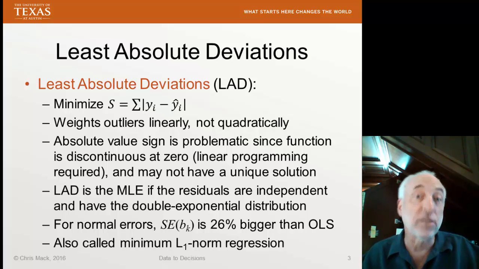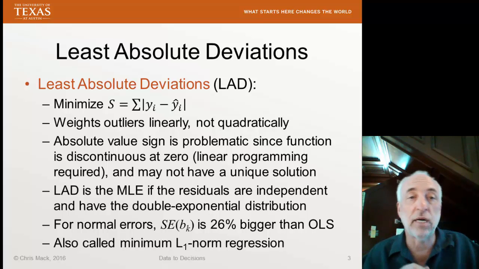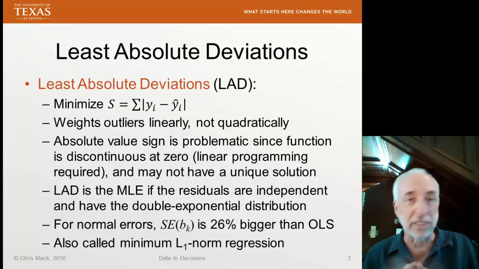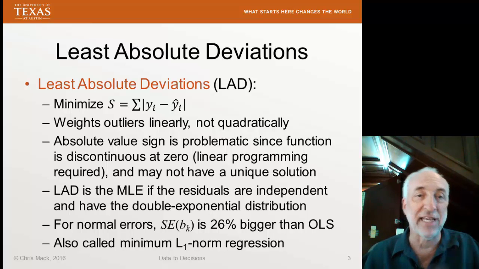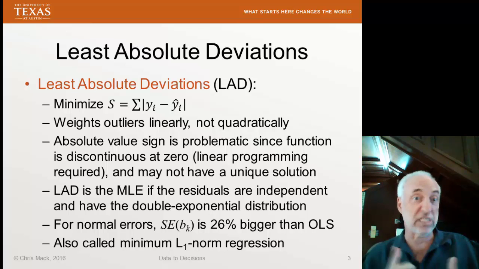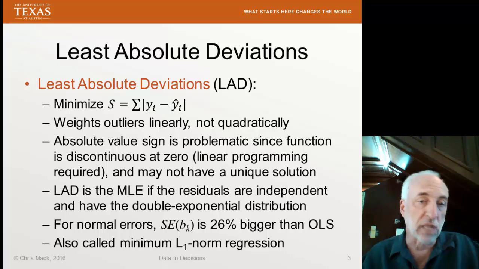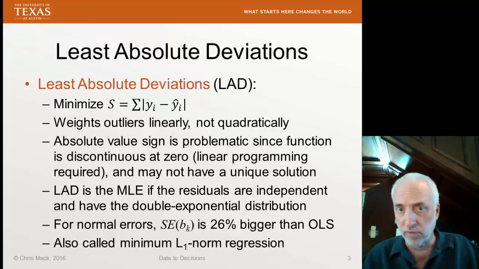Sometimes these techniques don't provide a unique solution, and sometimes they result in what we call local minima instead of a global minimum. So it looks like we're minimizing S, but in fact there are other solutions that have even smaller values of S. We just don't find them. This is one of the difficulties with this kind of approach, if you can't take the derivative of your function and set it equal to 0 in order to find the minimum.